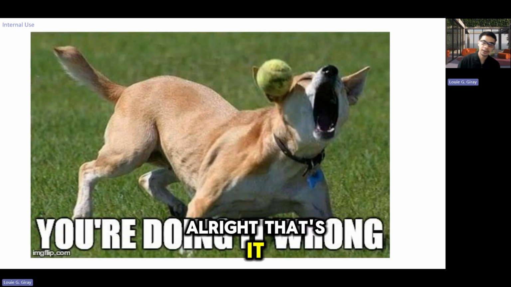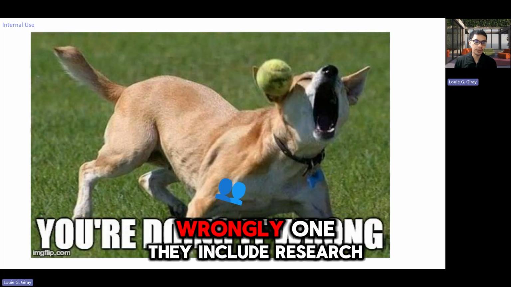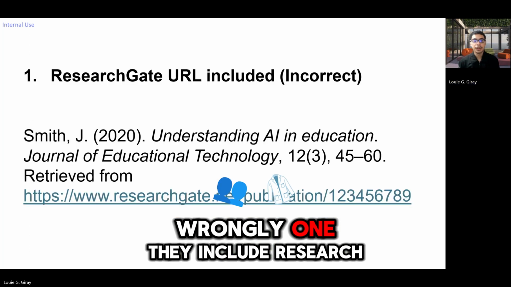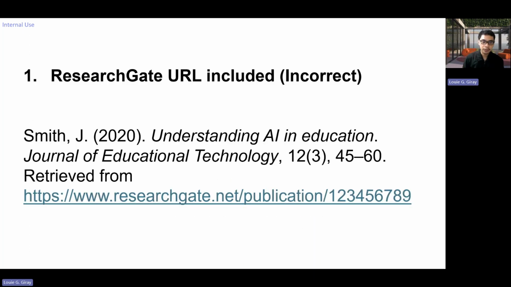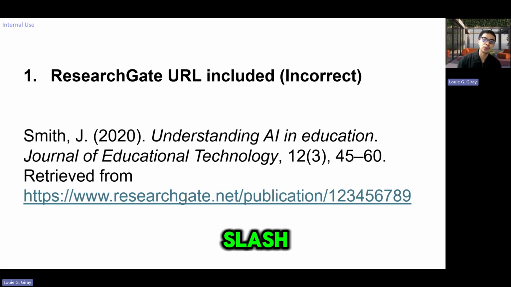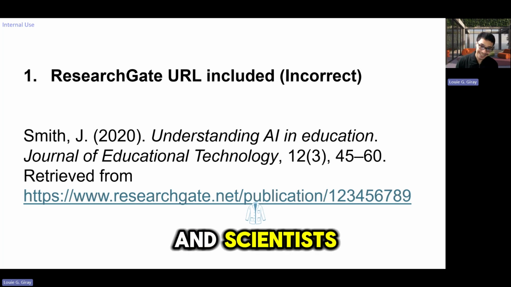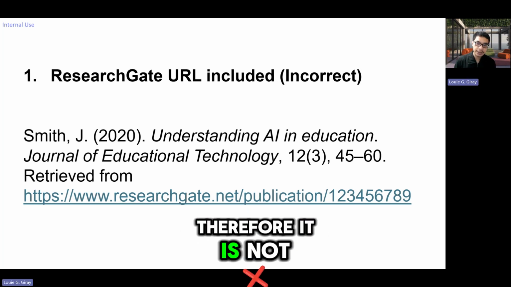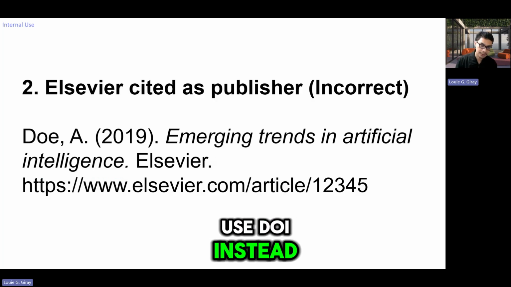All right, that's it. Here are some of the things that students are doing wrongly. One, they include the ResearchGate URL. Remember, ResearchGate is a repository and social networking site for researchers and scientists. Therefore, it is not appropriate to put that there. Use the DOI instead.